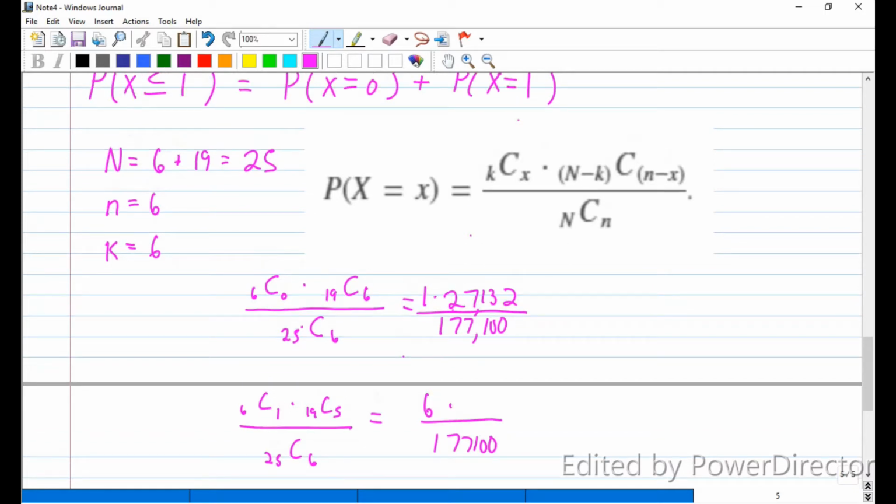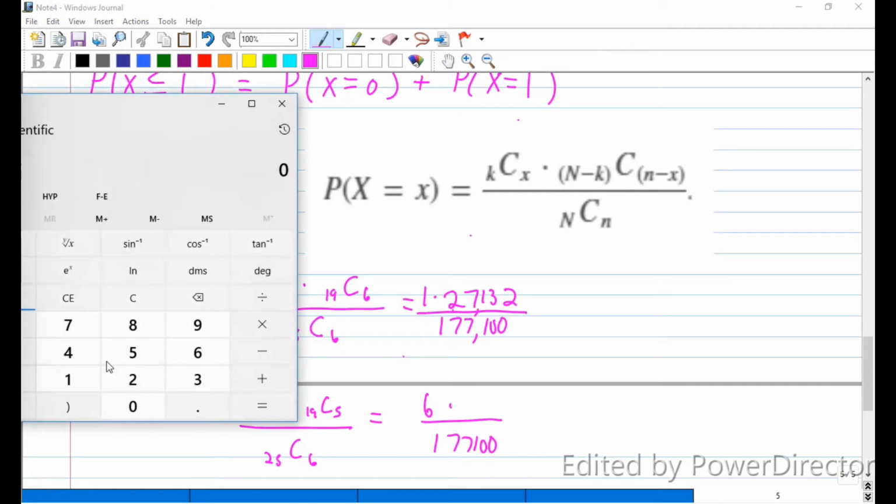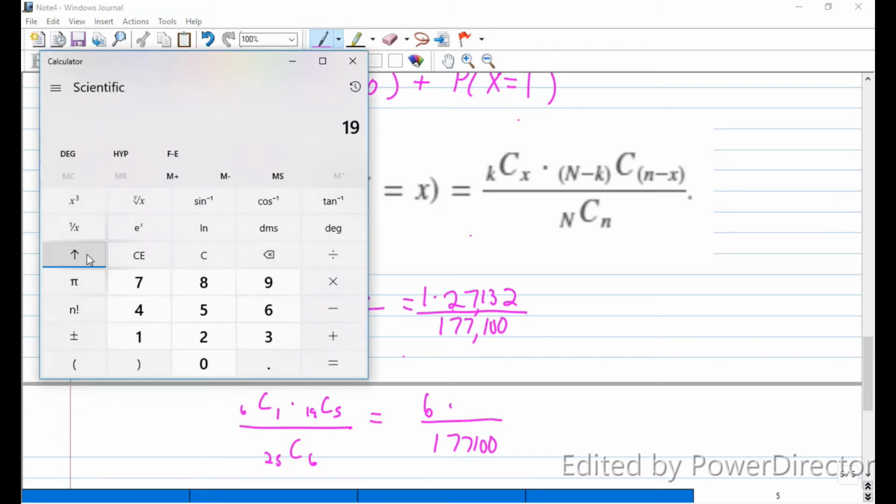And then this one is different, 19C5. So that's 19 factorial divided by 14 factorial divided by 5 factorial.